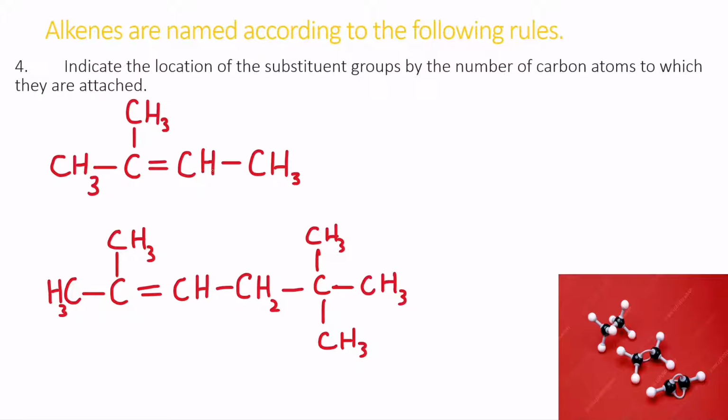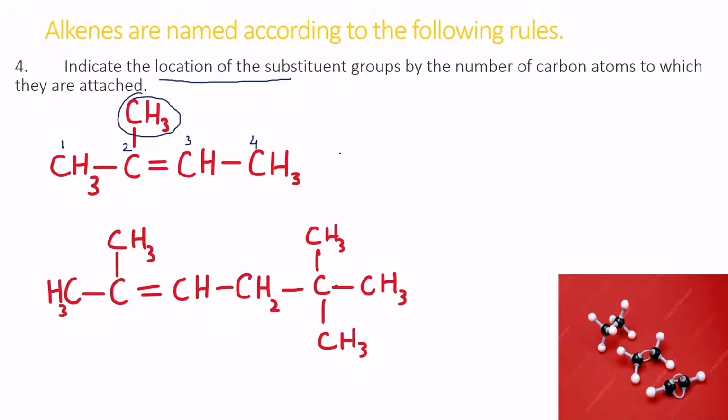Next, indicate the location of the substituent groups by the number of the carbon atoms to which they are attached. Over here you can see the chain, and there is a group or a substituent attached to the chain. I'll number the chain 1, 2, 3, 4. For naming it, I will first show the location of the substituent, meaning to which carbon number it's attached.